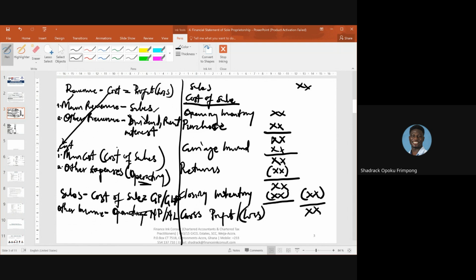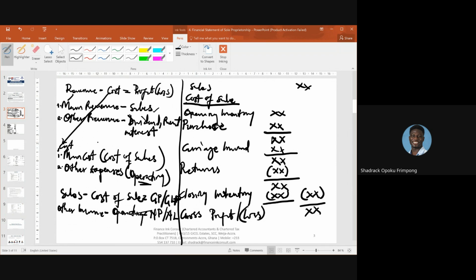When it comes to the expenses, you also have two: the main one and the other expense. The main one has to do with the actual cost we have to incur in acquiring what is directly linked to our main business activity. So if we are into trading, our main business expense will be the acquisition of what we sell.